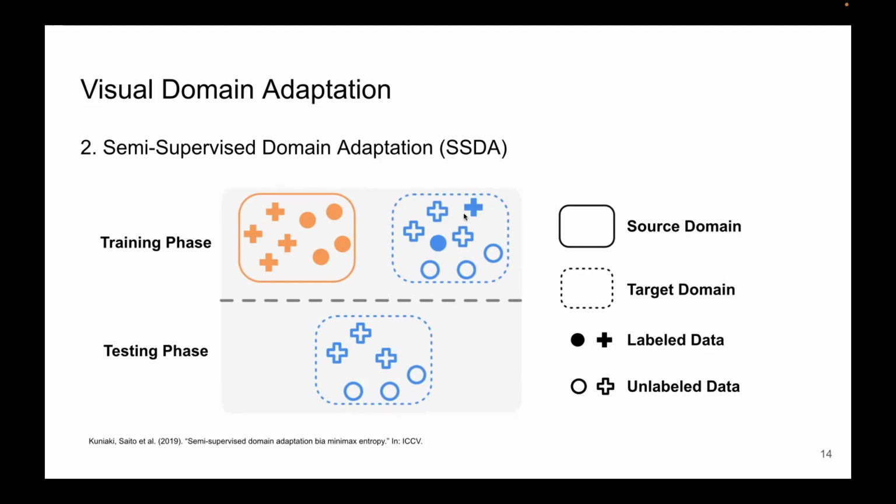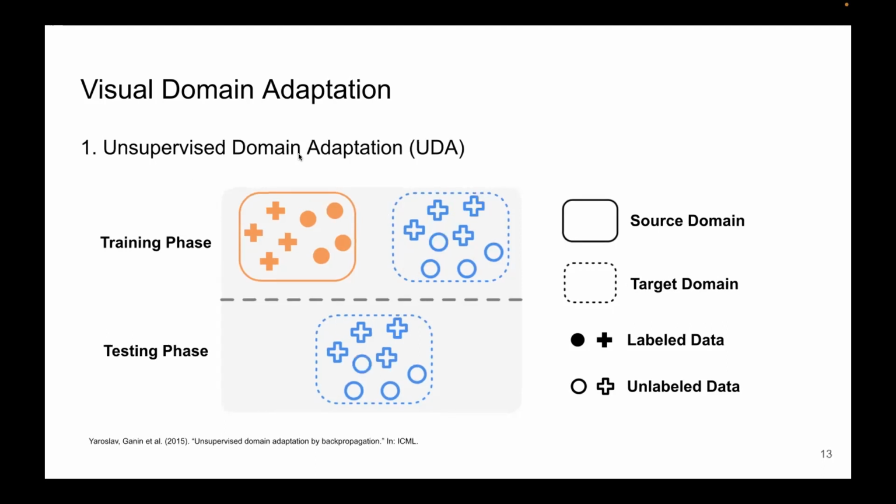As you can see here, we have only one labeled sample for each class, and meanwhile, some unlabeled samples. Those labels will be very helpful for training this model, because eventually the model will be applied to this target domain. So usually we could imagine the semi-supervised models should perform better than the unsupervised one.